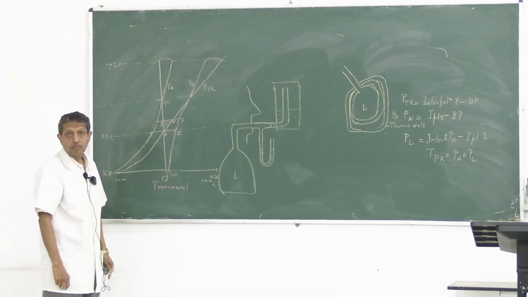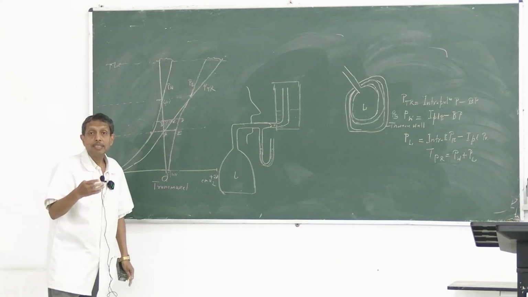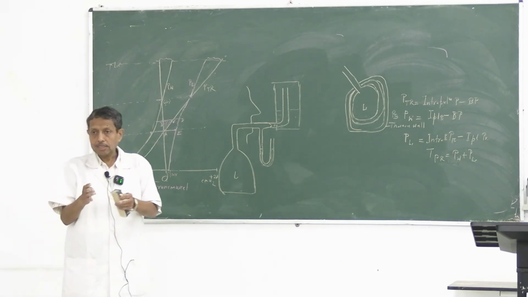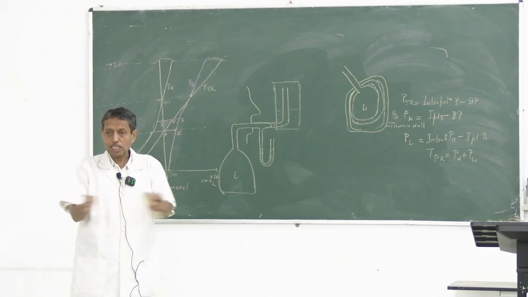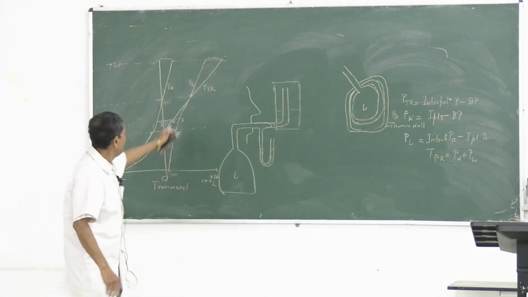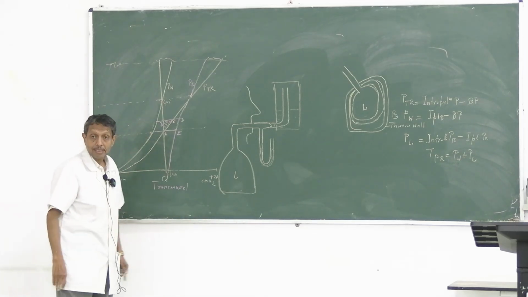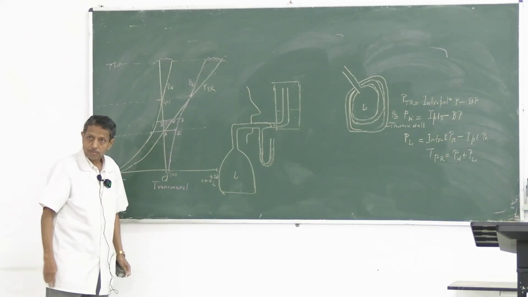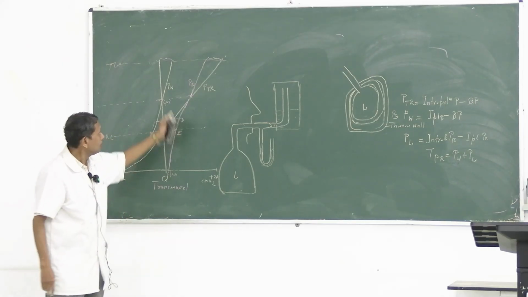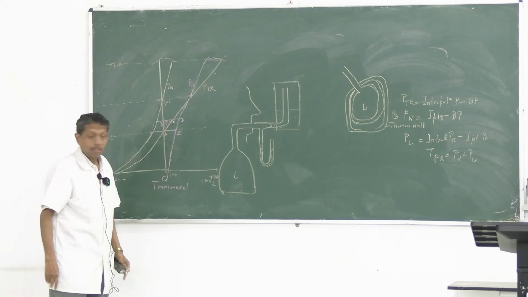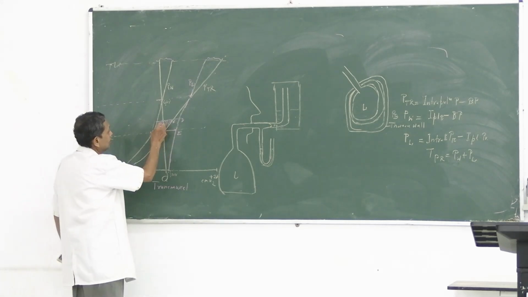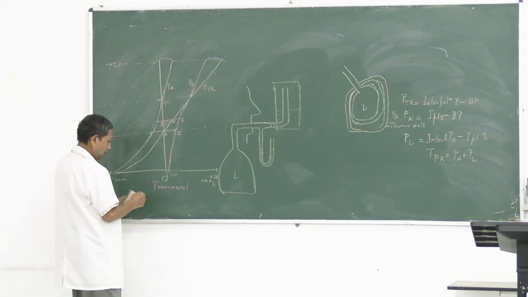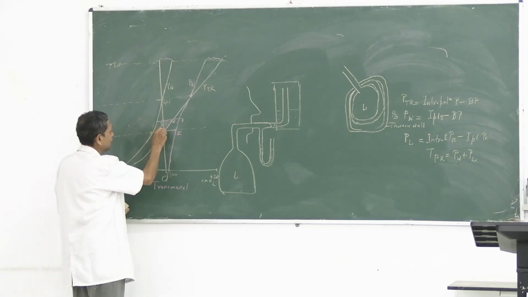How is it possible? There must be some loss from the thoracic side. The chest wall tries to expand, and up to the level of this it is expanding, and beyond this it is contracting. Beyond this it is contraction. So this area is lost by the thorax.